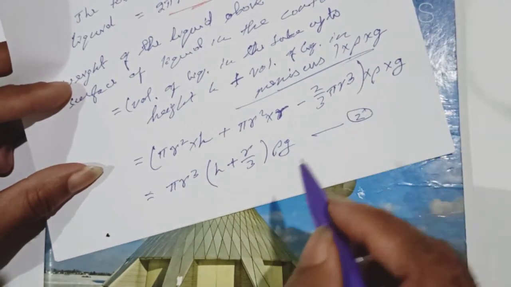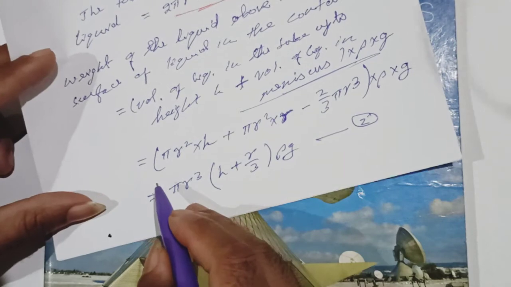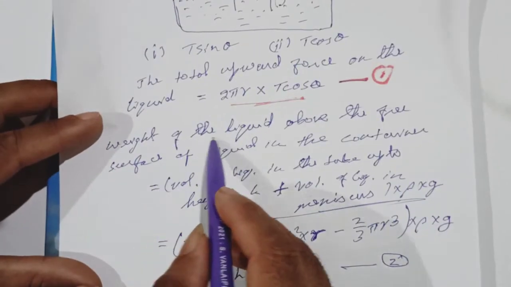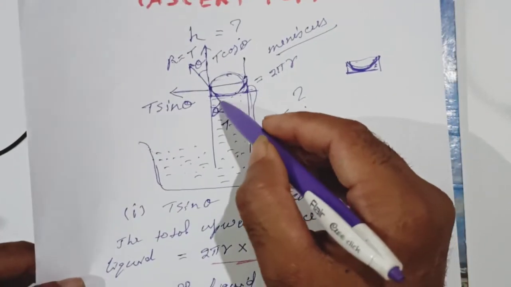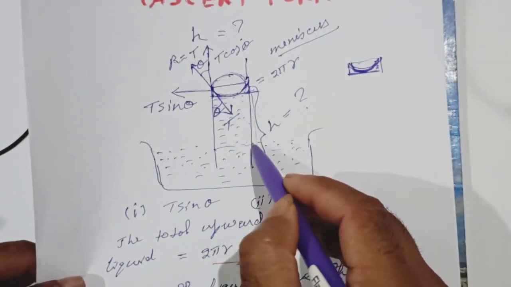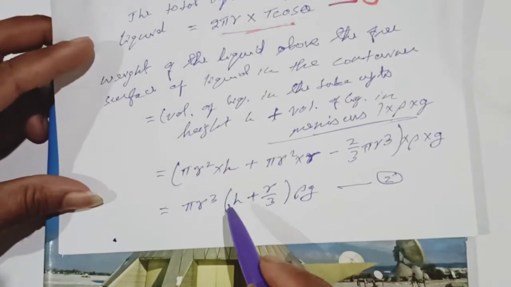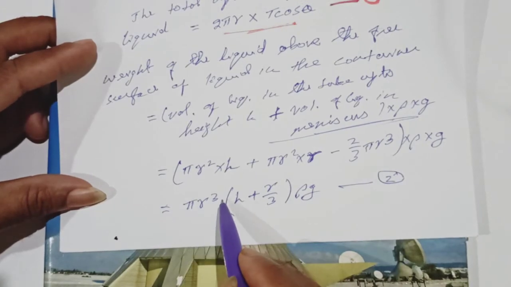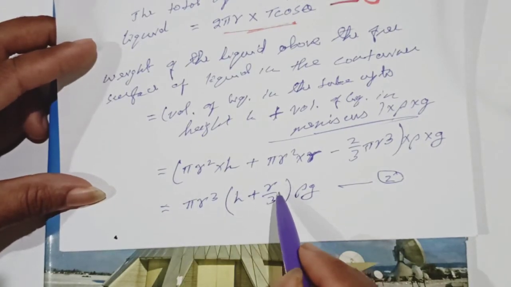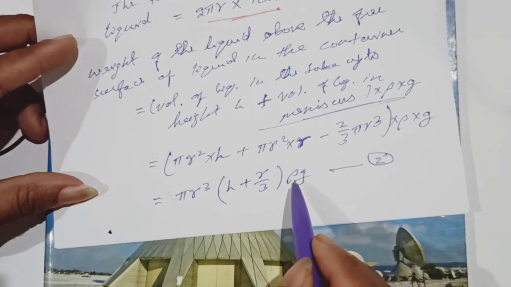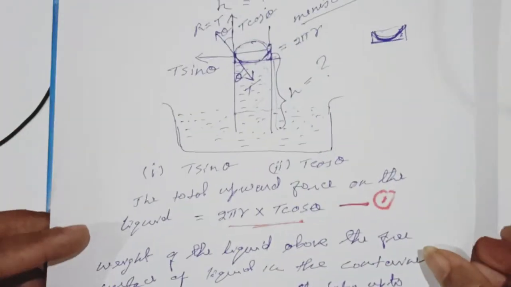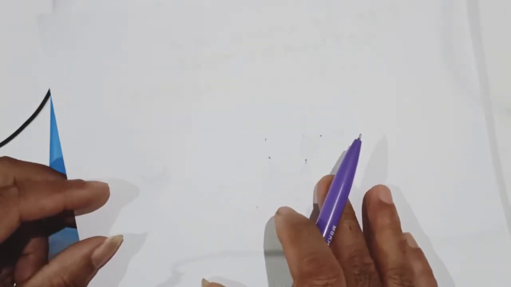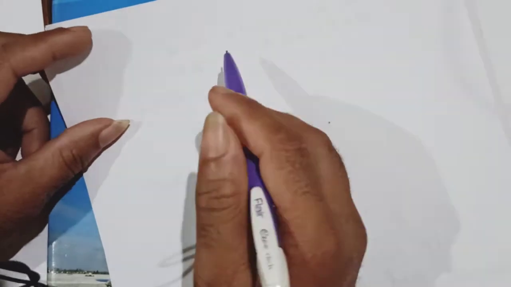So the weight of the liquid above the free surface of a liquid in the container, this whole weight, is equal to pi r square h plus r by 3 into rho g.